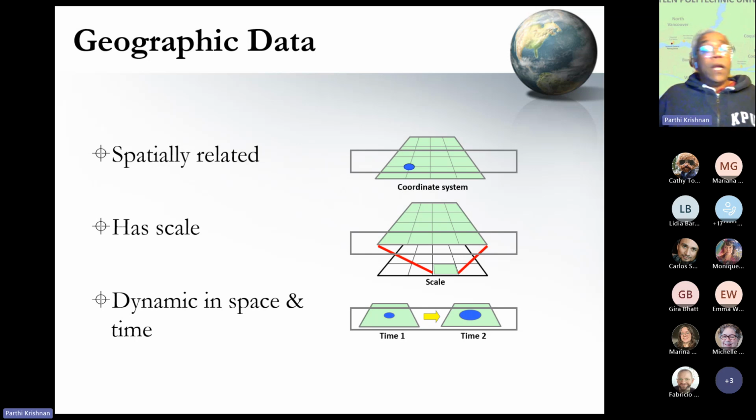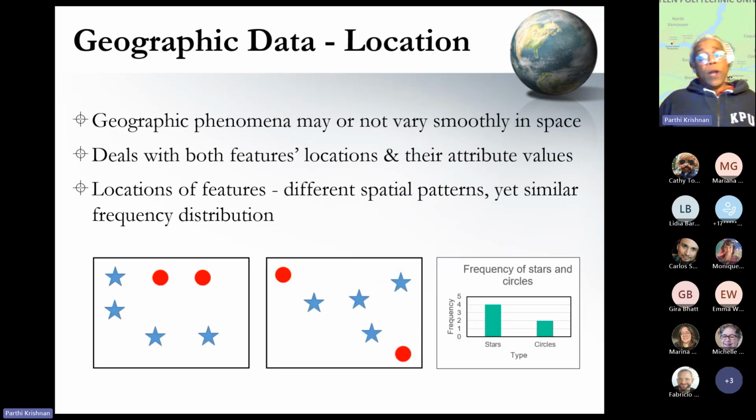But mapping also means that we have to deal with two different sets of data. For every location, we need to deal with not only the differences in their location, but also the attribute or the values associated with them.